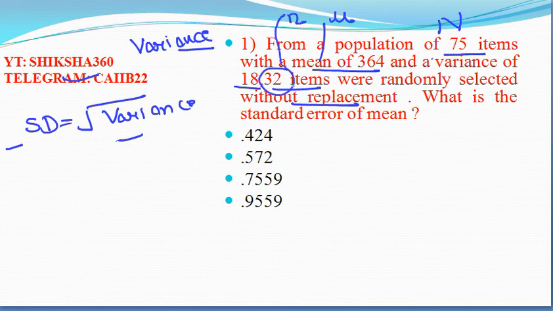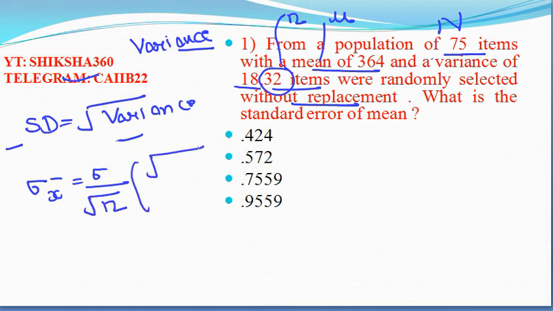What is the formula of standard error of mean without replacement? Sigma x bar is equal to sigma upon under root n, small n, into under root of capital N minus small n upon capital N minus 1. So let's solve.